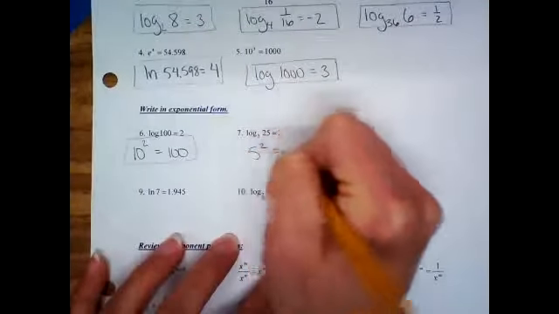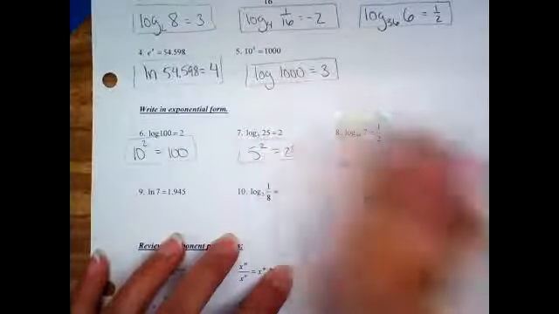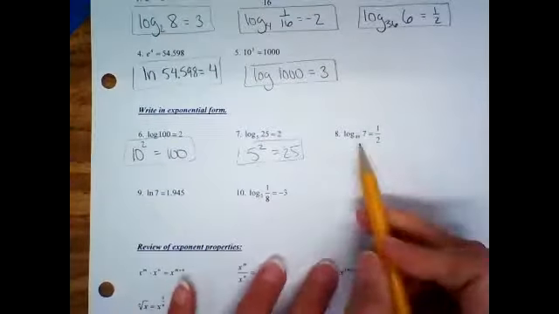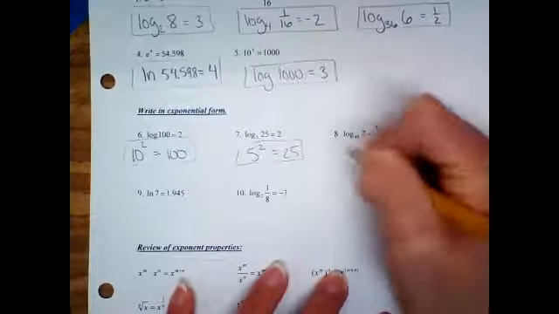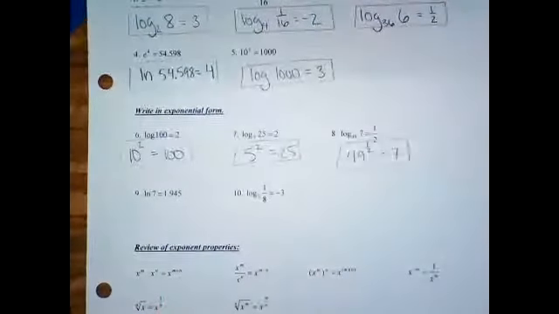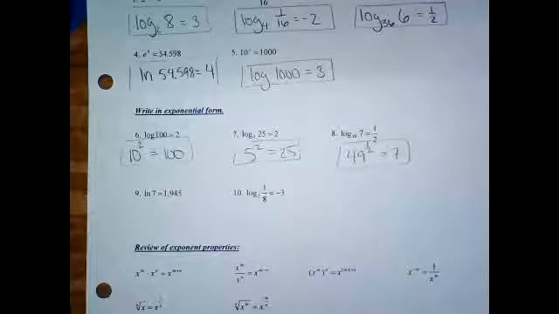Good, 5 squared equals 25, which is true. This one would be 49 to the 1/2 equals 7. To the 1/2 means what? What does to the 1/2 power mean? Not divide by 2, but square root. To the 1/3 would be a cube root, but square root of 49 gives you 7.